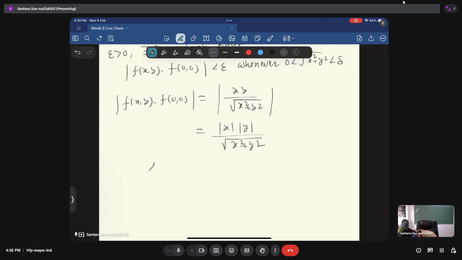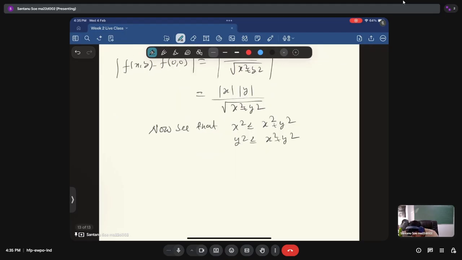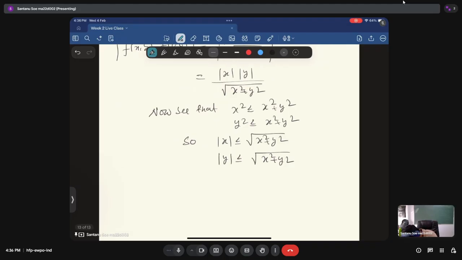So now see that x square is less than or equal to x square plus y square, and y square is less than or equal to x square plus y square. So mod x is less than or equal to square root of x square plus y square, and mod y is also less than or equal to square root of x square plus y square.